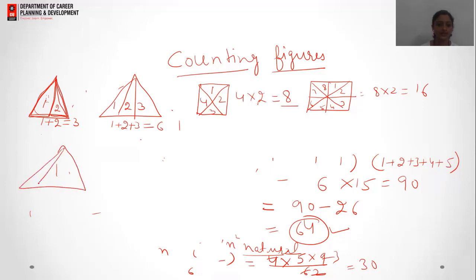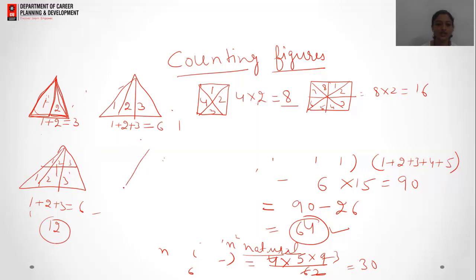And let's say there is one another line. 1, 2, 3, 1, 2, 3. If we add this, this becomes 6 on the bottom side and 6 on the top side. It means the total number of triangles becomes 12 in the given figure.